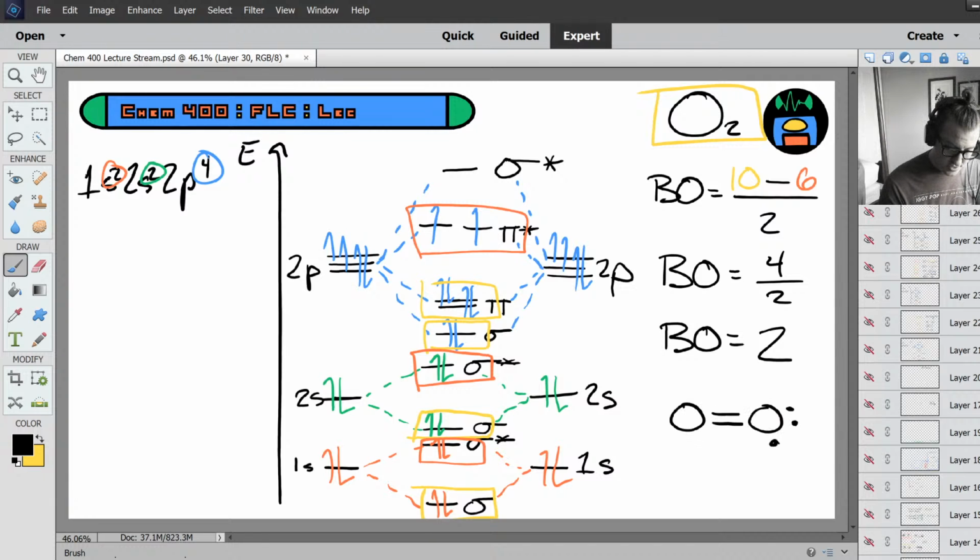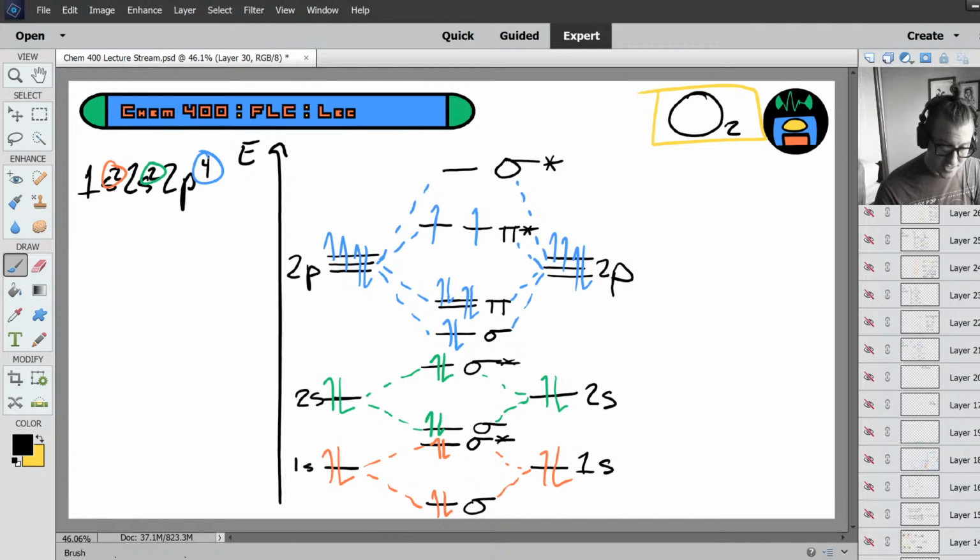Our Lewis structure tells us that we have a bond order of 2. But there's something important that our Lewis structure does not tell us.